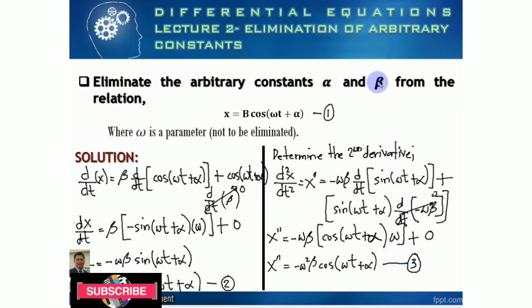Okay, so based on our discussion from the very first problem, the next step is we are going to eliminate some variables or constants. In this case, actually our constants are just alpha and beta, but still we can apply that procedure using equations 1 and 2 first.